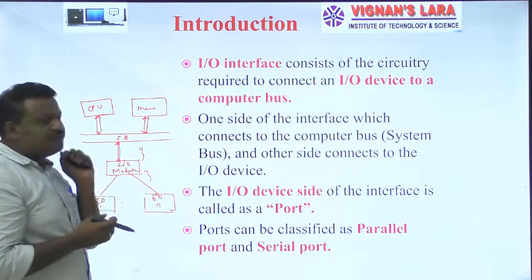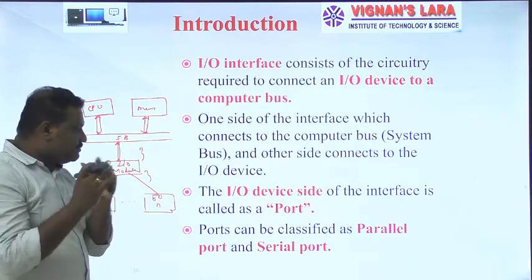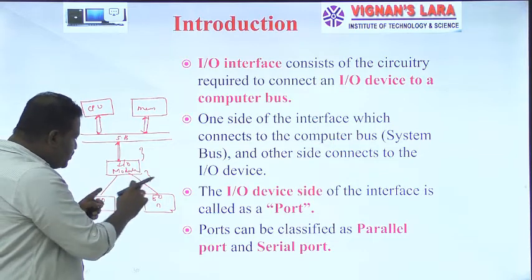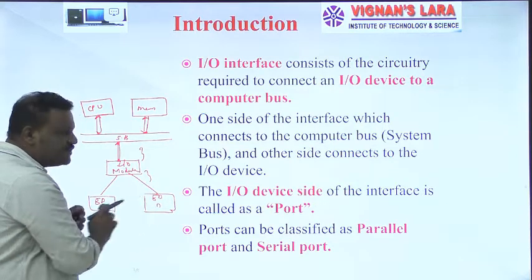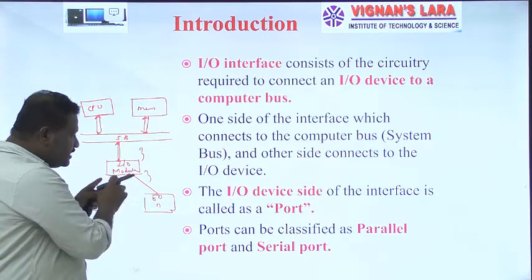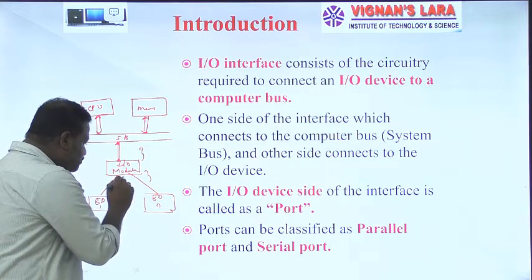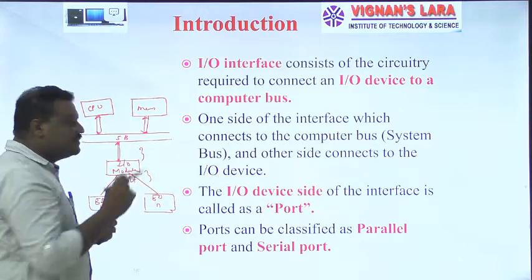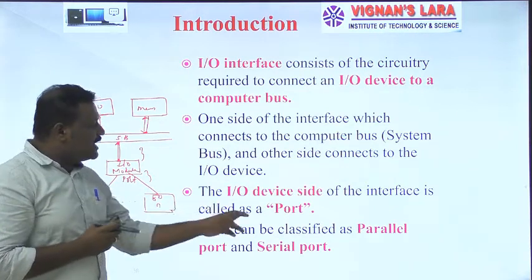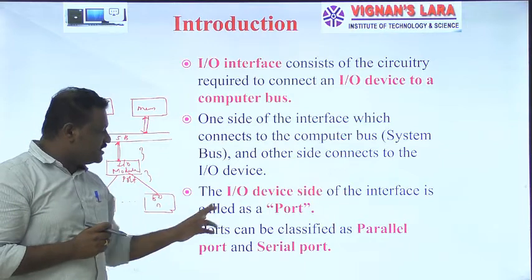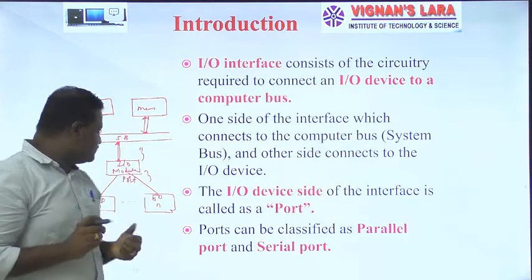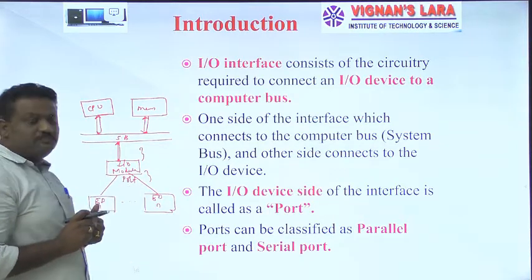That is the meaning of the second point. Coming to the next, the end which is used for connection of I/O devices, this side we call a port. So the I/O device side of the interface is called a port.